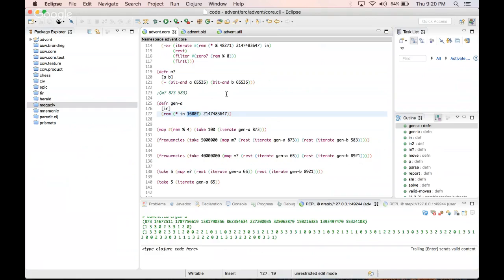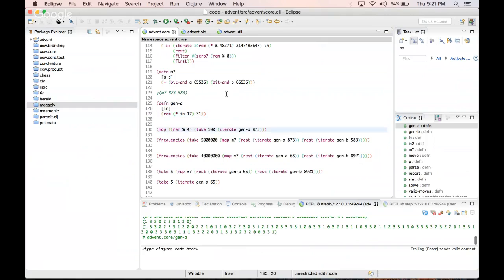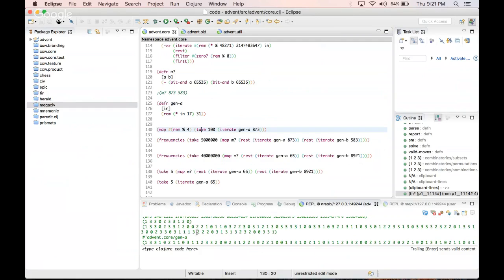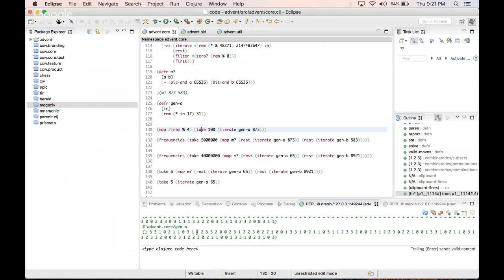No, that doesn't seem right either. Like if these numbers were something like 17 and 31, let's say, then I would kind of expect this to have a regular structure. 2, 2, 1. Maybe it does, but I'm just not seeing it.